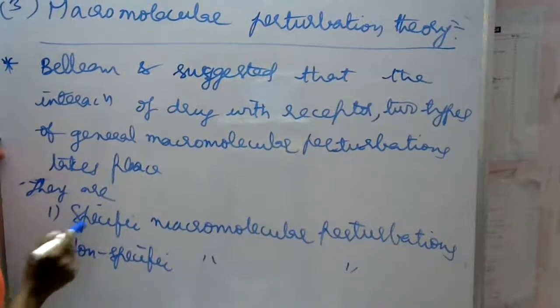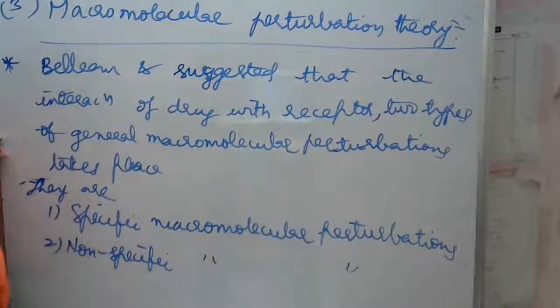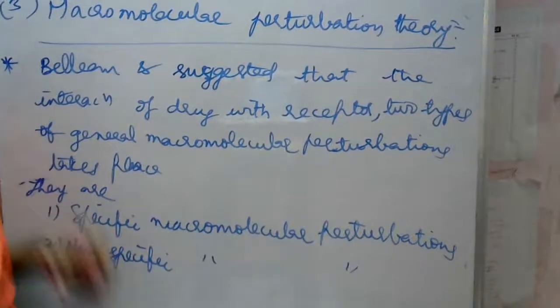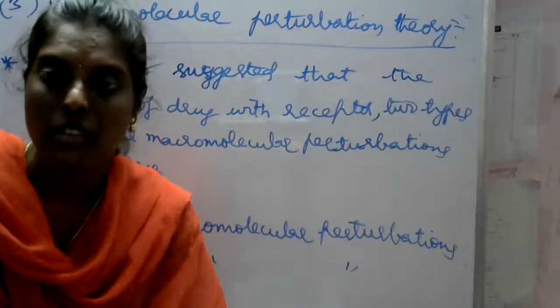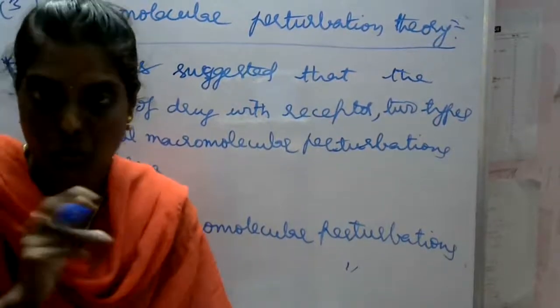Specific macromolecular perturbations means any drug which interacts with the receptor and produces a specific type of macromolecular perturbation. It is called an agonist.